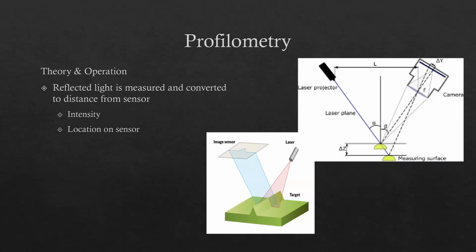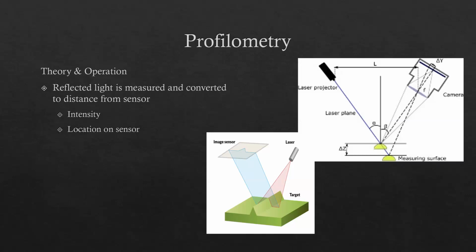So that can give us a distance, right? So in the case of this one here on the left, the beam of light that's hitting the top of this little triangle is going to get to the image sensor faster than the beam of light that's going to go down to the lower surface and back up.